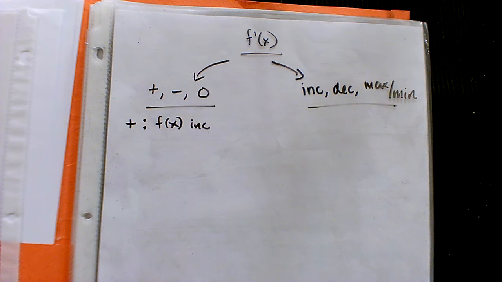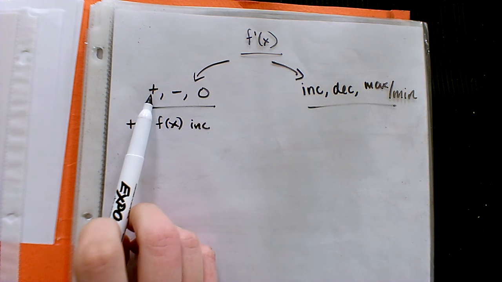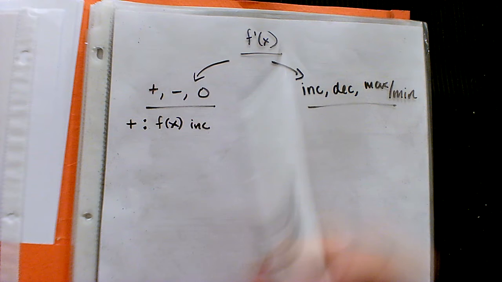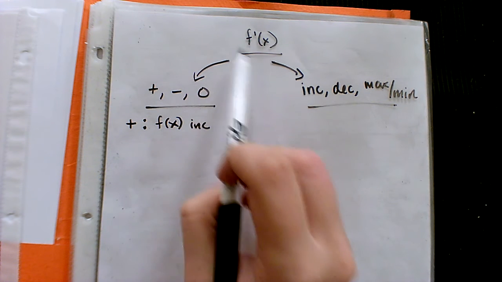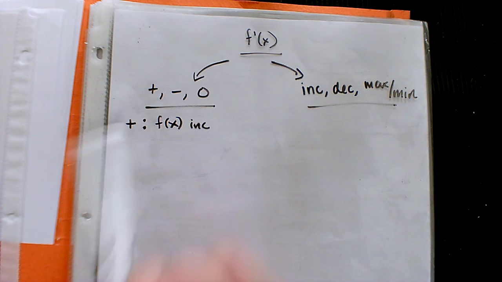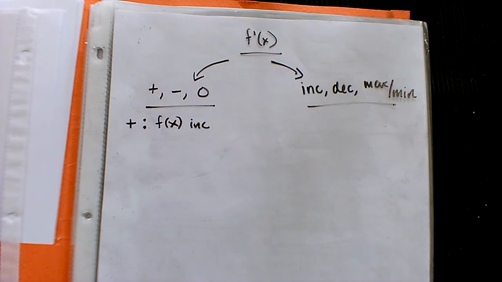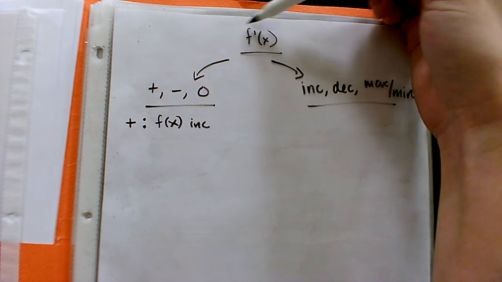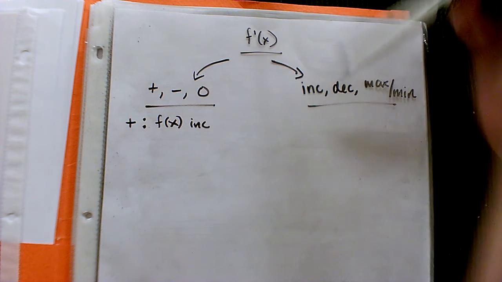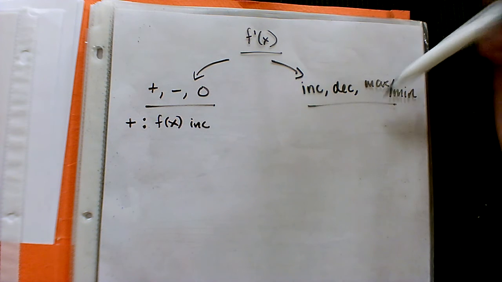It's the slope. So if the first derivative is positive, does that tell us anything about the slope of this graph? No, because if something's positive, it's just telling you a location. It's above the x-axis. So if the first derivative is positive, we actually don't have any connection to the second derivative, because the second derivative would be the slope of this graph, meaning is it increasing, decreasing, or at a max and a min.